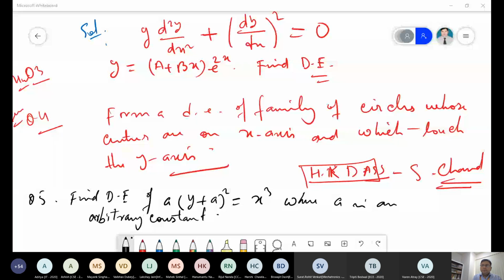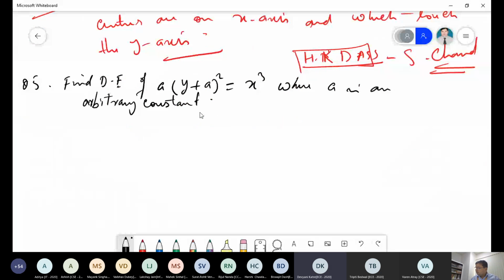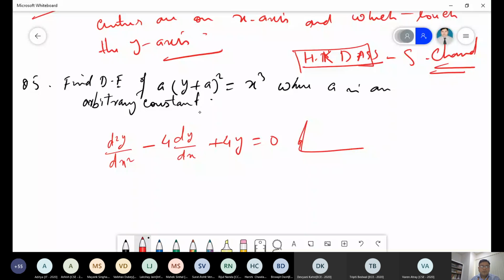Divyani, yeah, please tell me. d square y upon dx square minus 4 dy by dx plus 4y is equal to 0. Okay, I'm writing the answer here. d square y upon dx square minus 4 dy by dx, then plus 4y equal to 0. Is it correct now? Yes, sir.